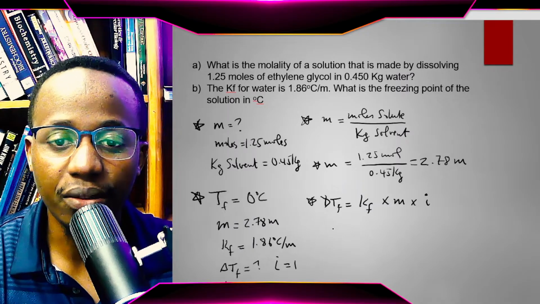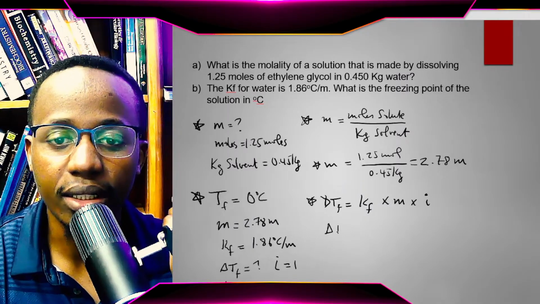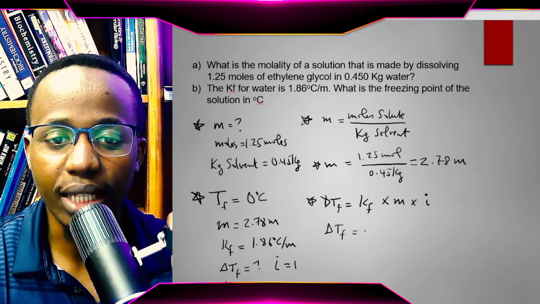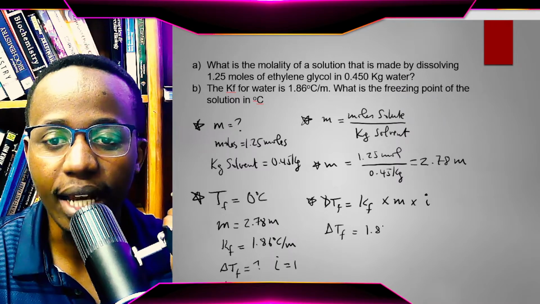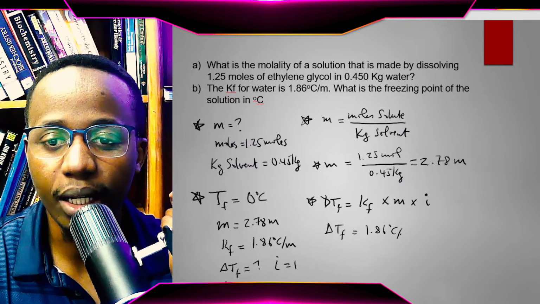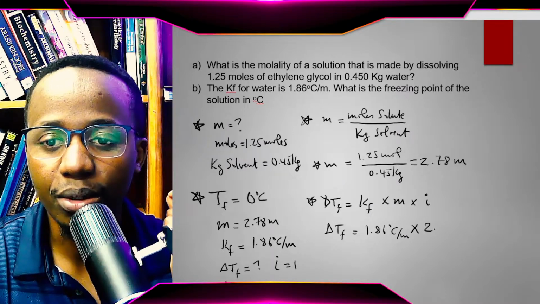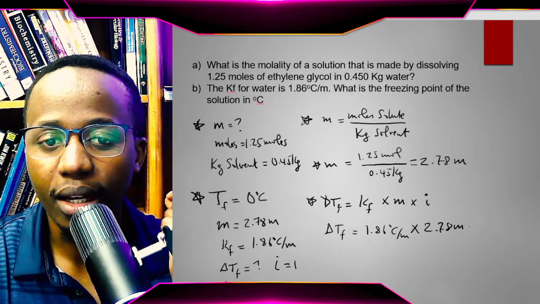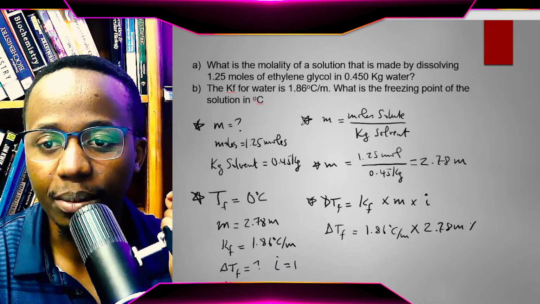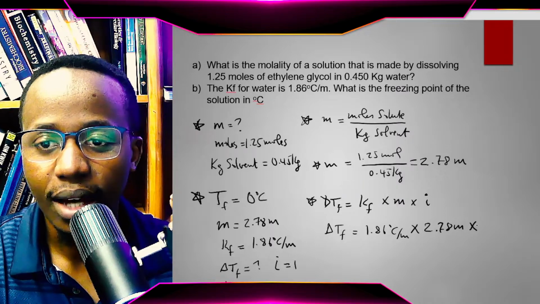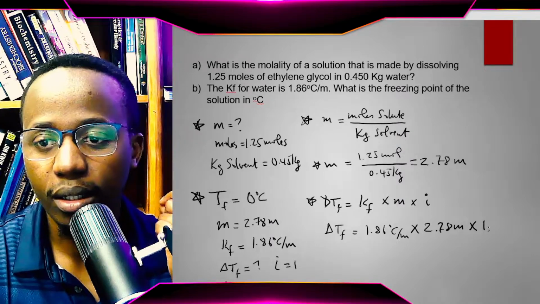So we really have everything we need here. Delta TF is going to be equal to Kf, which is 1.86 degrees Celsius per m, times the molality, which is 2.78 m, times i, which is 1.